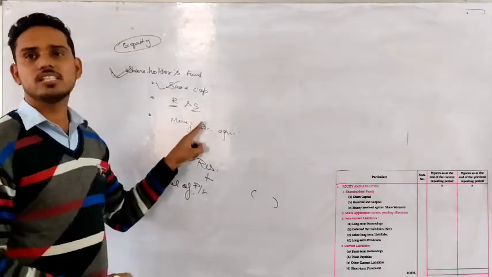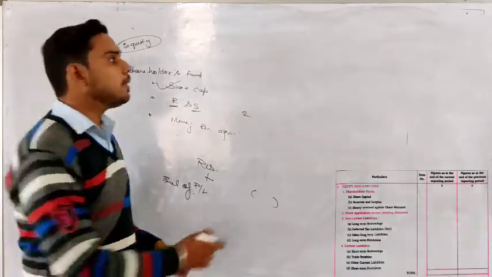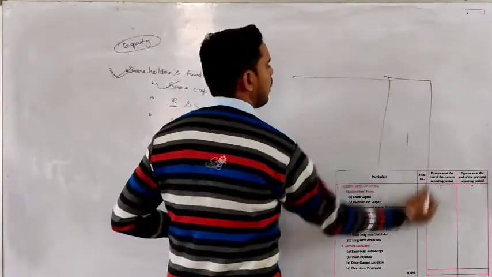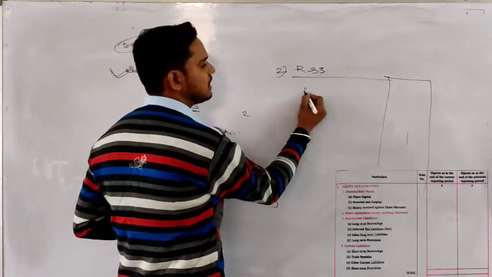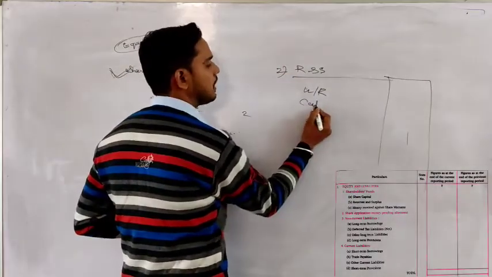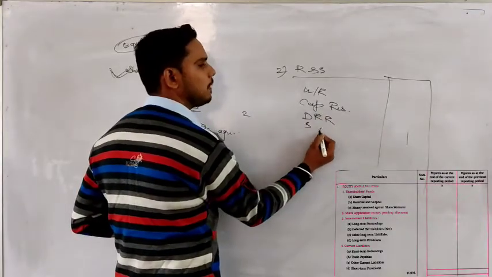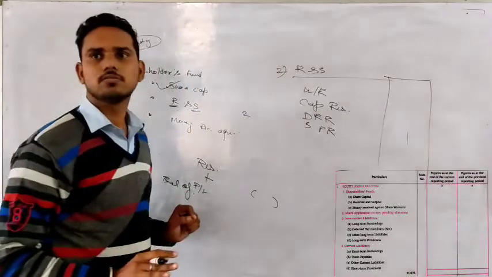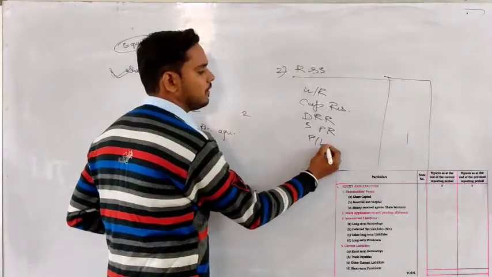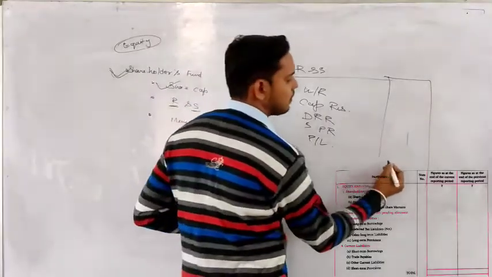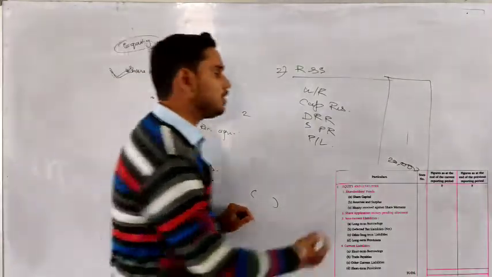So let's suppose we have written reserve and surplus as note number 2. Then we prepare the notes to account of reserve and surplus, and here we write general reserve, capital reserve, debenture redemption reserve, securities premium reserve, all that. And if we have profit and loss, then surplus or balance in profit and loss. If that is a profit, you can write 20,000. Let's suppose if that is a loss, what will you write? In brackets.